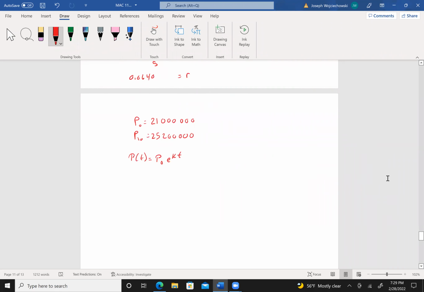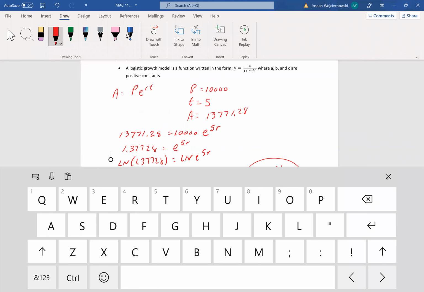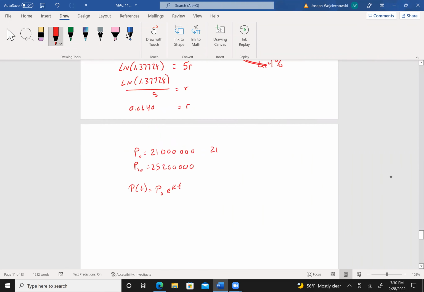So k is going to be our growth rate. So how can I do this? Well, first step, what do we know? We're going to rewrite this as 21 and 25.2 to make our numbers easier. So we know that 25.2 equals 21 e to the 10k.